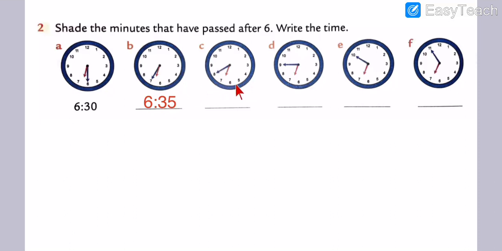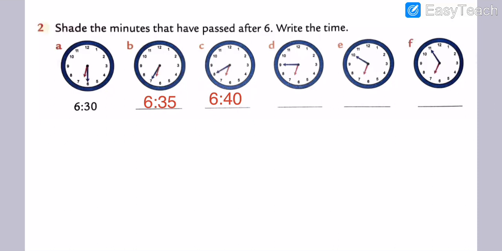That means the time is 6:40. Got my points, my dear students? So I am writing here 6:40.